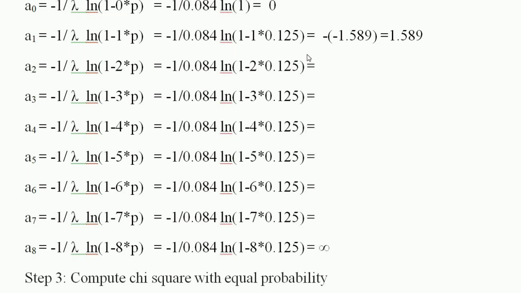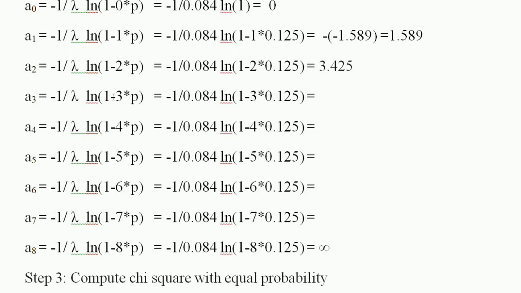Now calculate the value of A2. In the place of i I am going to substitute 2, lambda is 0.084 and the p value is 0.125. If I substitute all this and calculate, I am going to get the value 3.425. Same like that, you are going to calculate the value of A3.